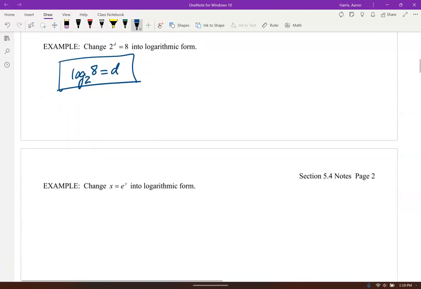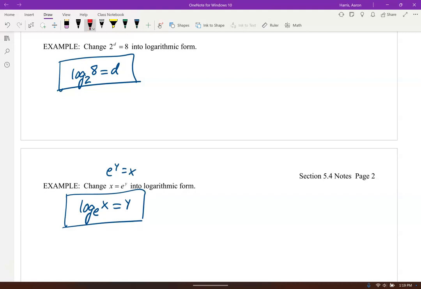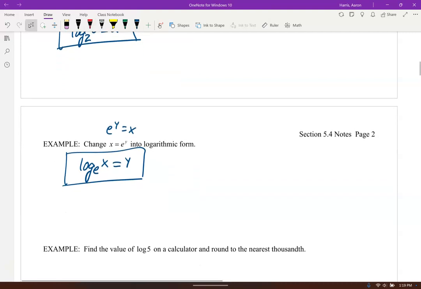Let's do this one. x equals e to the y. So I'm going to go ahead and write my log, write my equal. And notice this is e to the y equals x, same thing. So there's the logarithmic form. Now this log base e, you should note, is a special logarithm, and so they give it a special name.